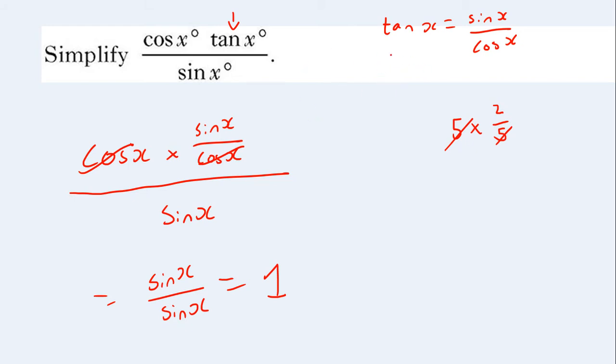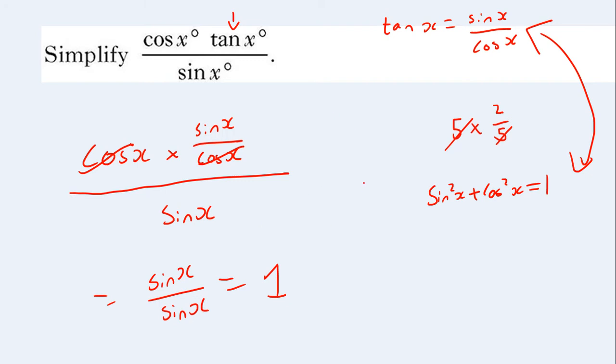I'm just doing my best guess. There's only two identities I can use: the tan one and the sine squared x plus cos squared x equals 1. There's only two things to choose from. So all I do is choose one of them and give it a go and see what I get.